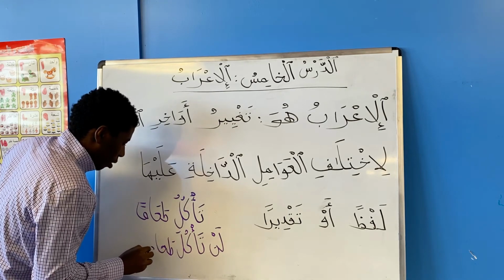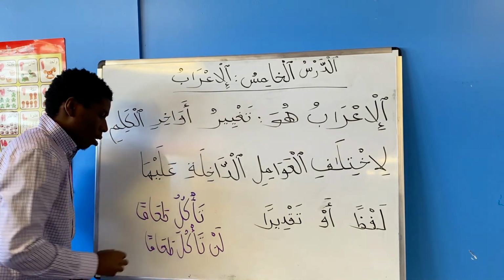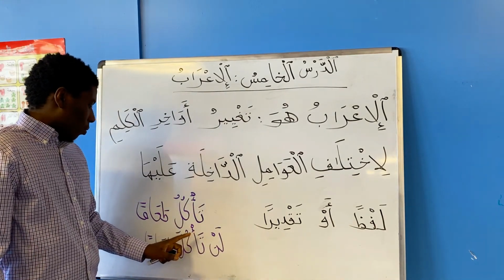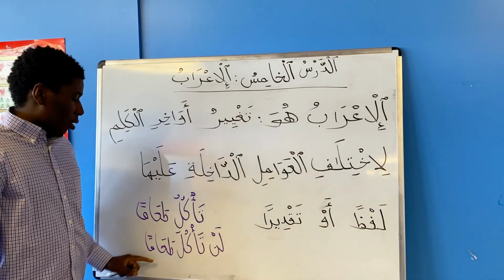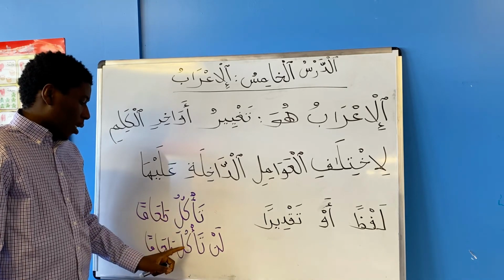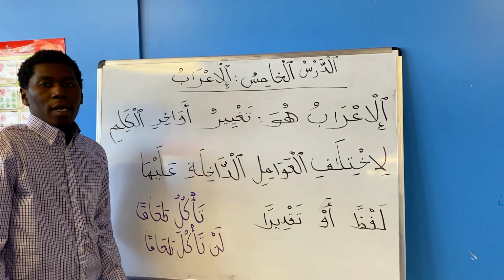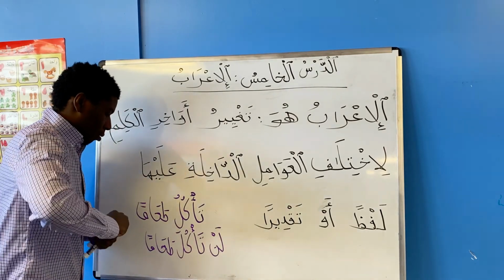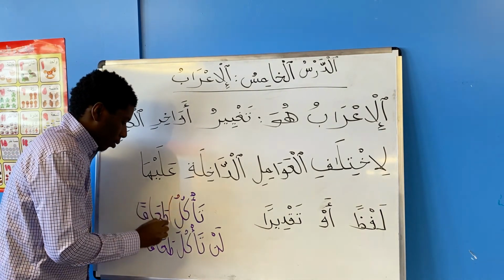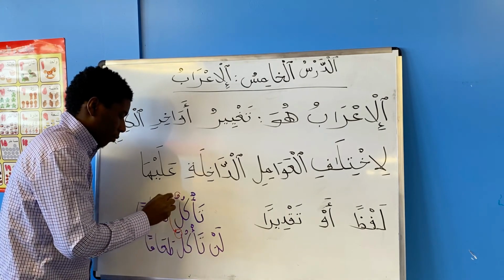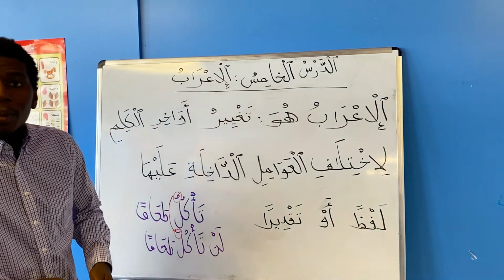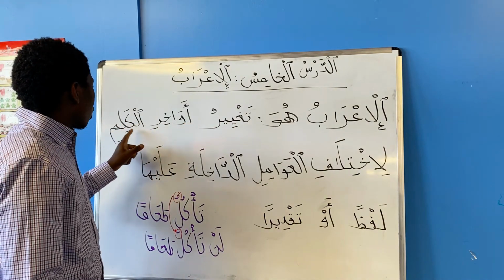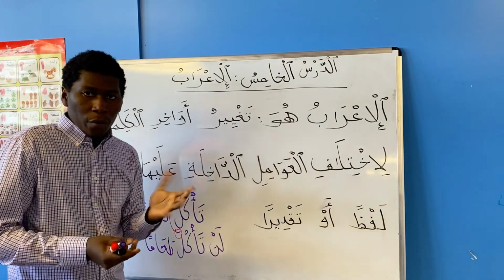So what we're looking at, if you see, ta'kulu ta'aman, and here is lan ta'kula. So basically this dhamma turned into fatha. So what happened? So that's why he said we're looking at the change of the end of the word.